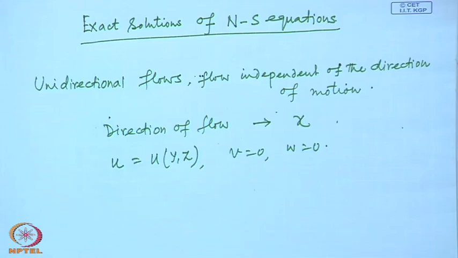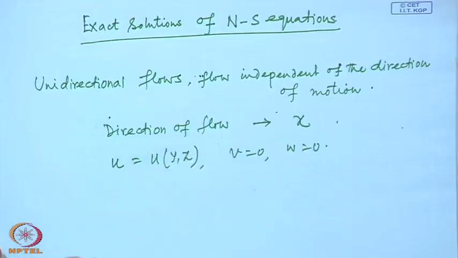The three components of the velocity vector u are like this. Now, let us see what happens to the equations then. The continuity equation is now very simple, du dx equal to 0. There is no v, no w. So, the continuity equation, the divergence of u, is simply du dx equal to 0, which we have already considered. So, the continuity equation is basically automatically satisfied by this.